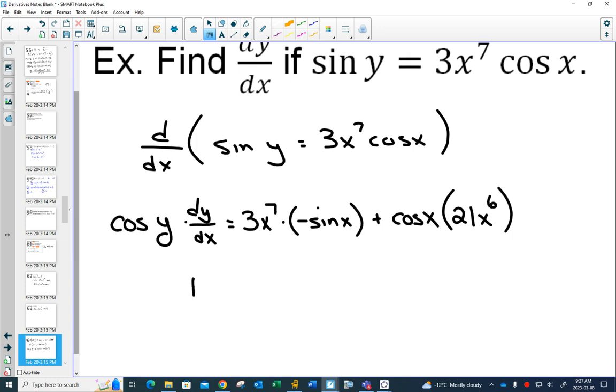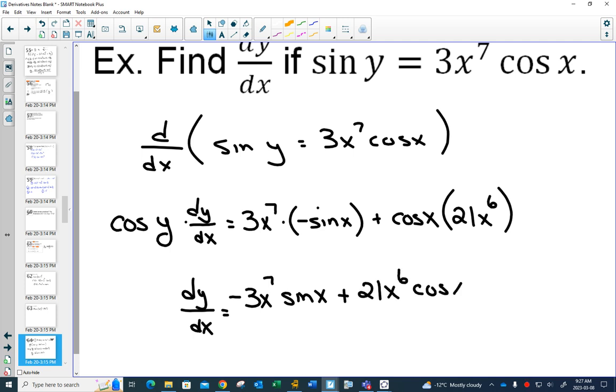We want to get dy dx by itself. There's only one term with the dy dx. I just divide both sides by cos of y.